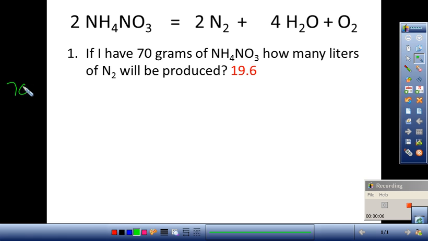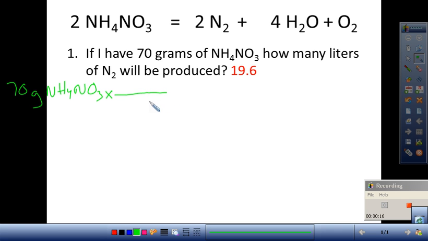I'm going to start with my given. I don't want grams of this stuff, so I'm going to put it down here. Alright, I have 2 nitrogens, one here and one here.